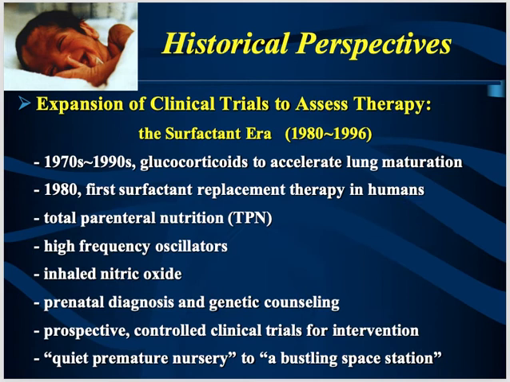So a lot of things were formed. Glucocorticoids were introduced in the 1970s to 1990s for lung maturation, and that's what we do. Anyone who is born before 34 weeks of pregnancy, when their lungs are not functioning, we give them steroid injections. And you can see a lot of genetic counseling and testing, and many things were introduced.